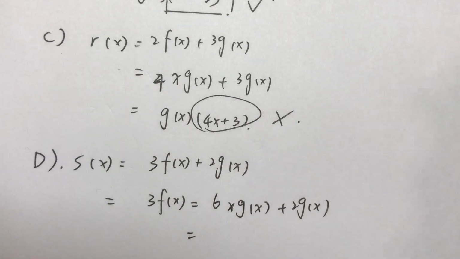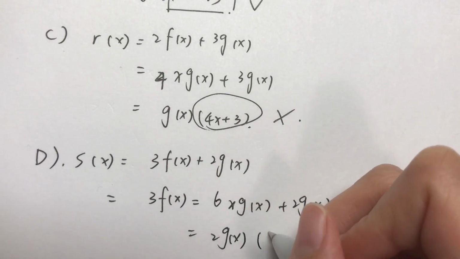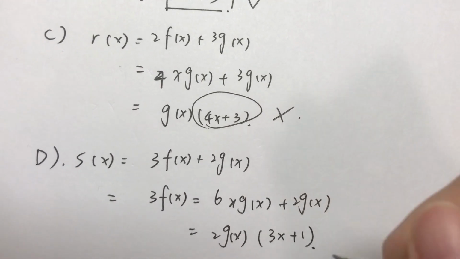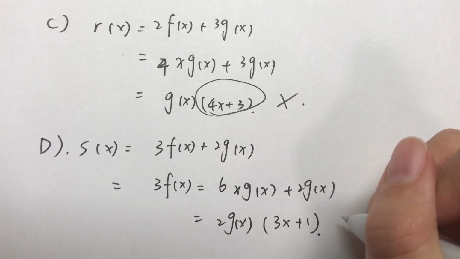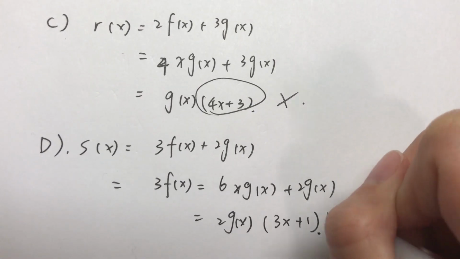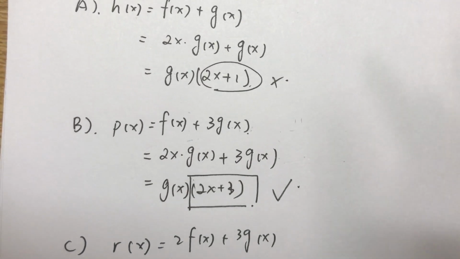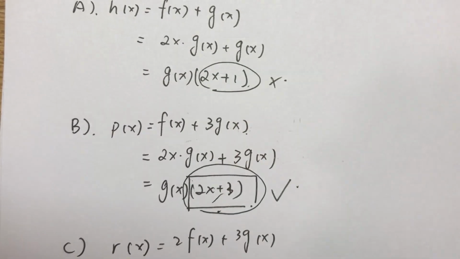We factor this, and get 2g(x) times (3x plus 1). So this is also not the common part as the 2x plus 3, so it's not divisible by 2x plus 3. So in conclusion, choice B is the correct answer.